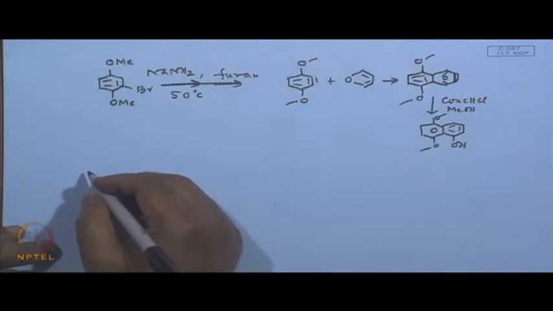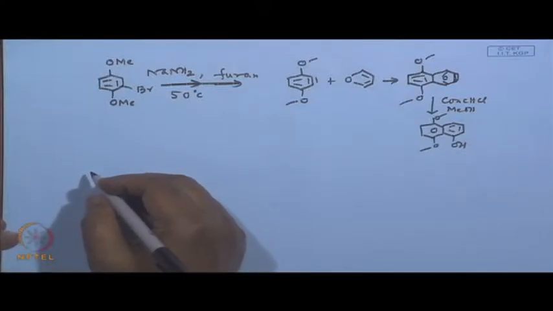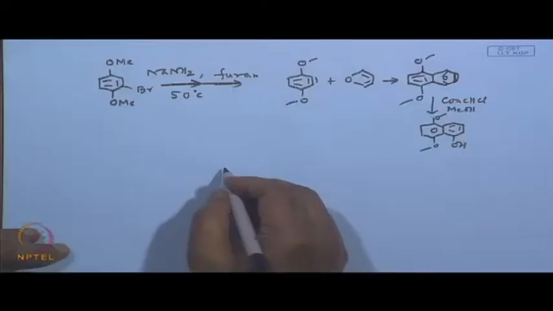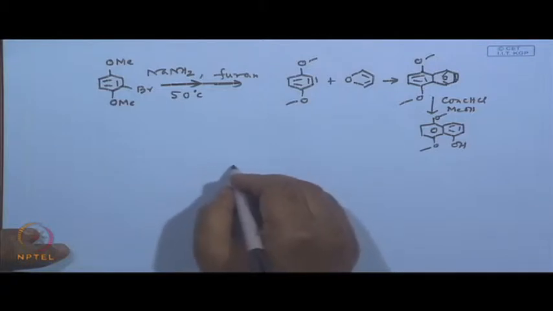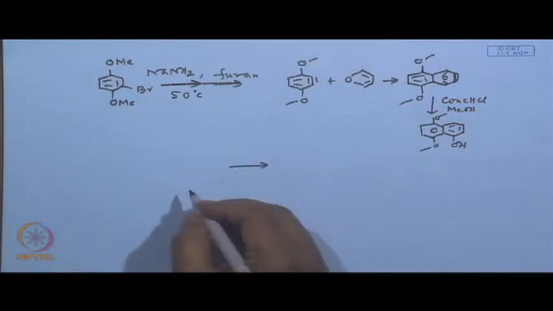Okay. Now, what else? The first was the simplest alkene, that is maleic anhydride, second was alkyne, third is a special kind of alkyne. Then what next can you think of? Furan is common, because it belongs to heterocyclic chemistry. So, you will have a furan. Now, we will try to see the selectivity.